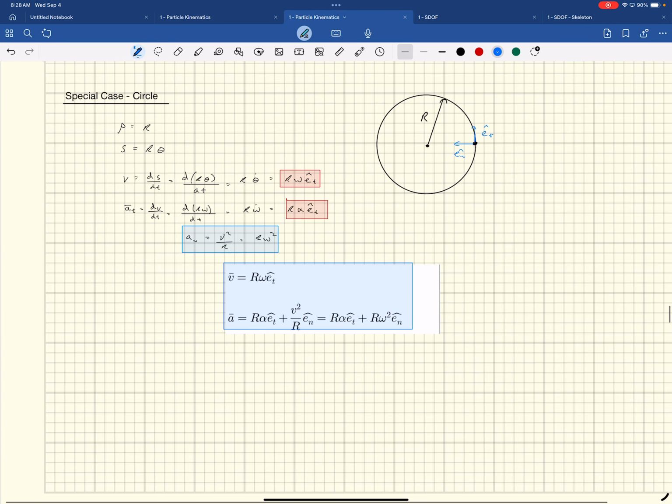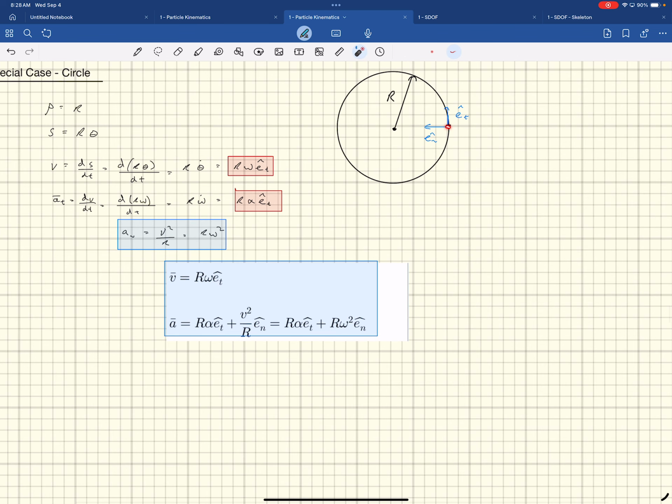Okay. So with one of these problems, you might have been a little uncomfortable with this, and that's fine. If I was talking about the acceleration and the velocity of this particle right here, this is what my acceleration and velocities would be.